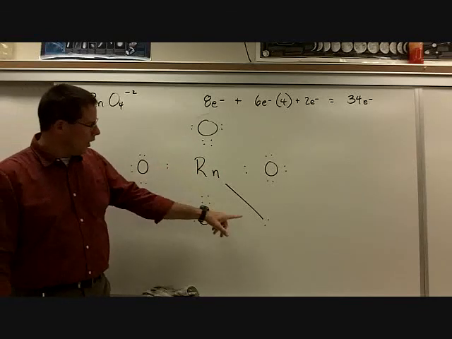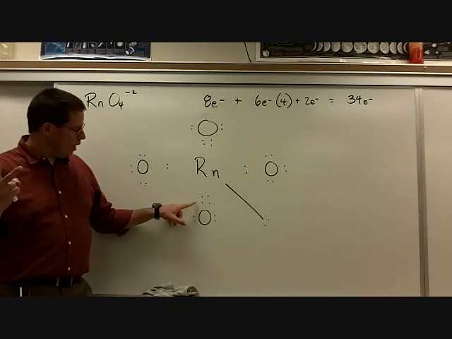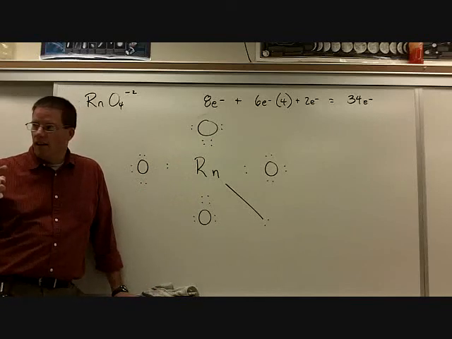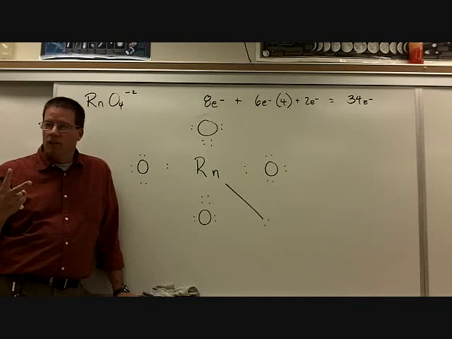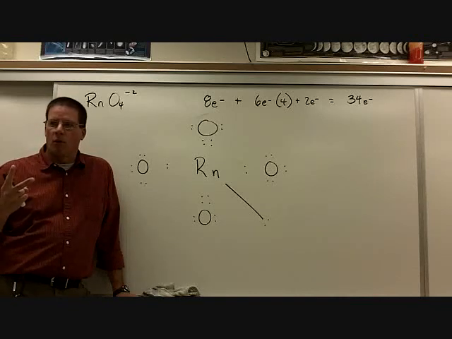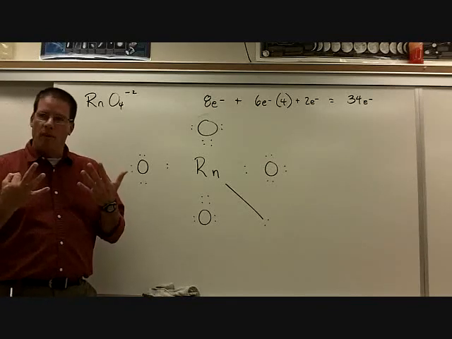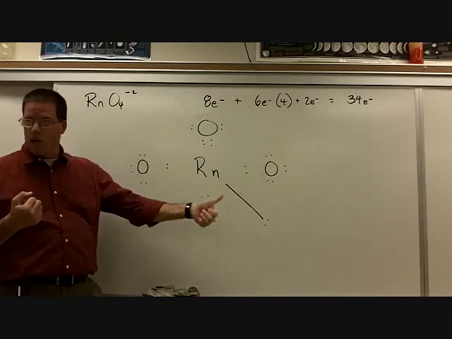So how many lone electrons on radon? 2. How many are shared? All of them but 2. 12? Stick with 12. So half of 12 is 6, so that gives us a grand total of 8. How many valence electrons did radon have? 8. So our formal charges are great.